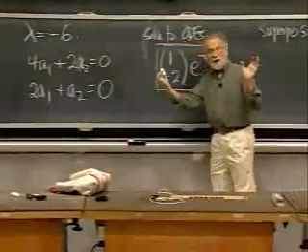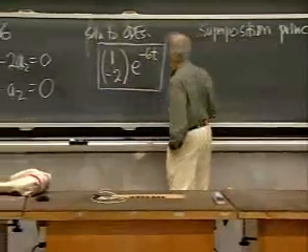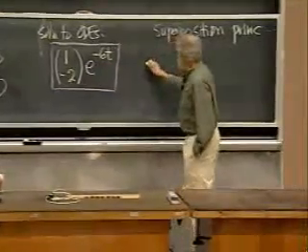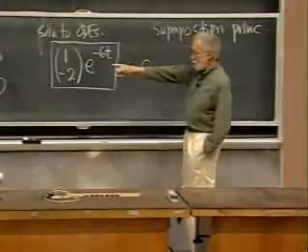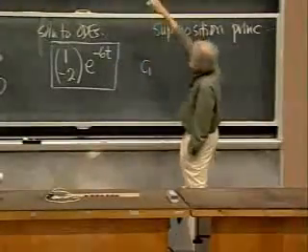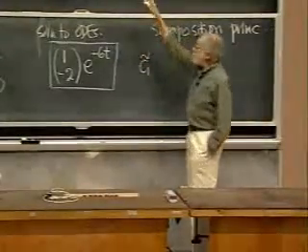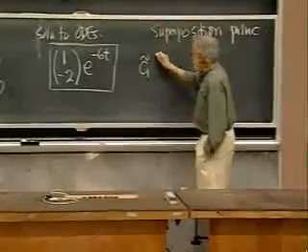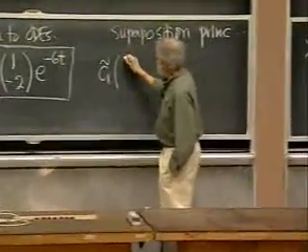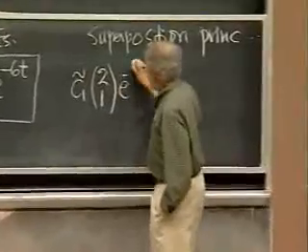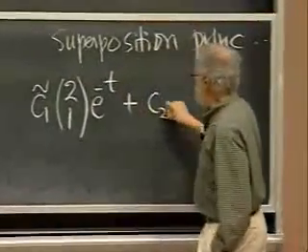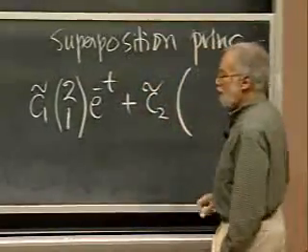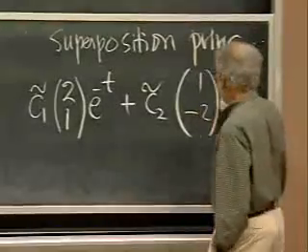You can add them together and that will still be a solution, and that gives the general solution. So the general solution is the sum of these two. An arbitrary constant, I'm going to change the name since I don't want to confuse it with the C1 I used before, times the first solution, which is 2, e to the negative t, plus C2, another arbitrary constant, times 1, negative 2, e to the minus 6t.